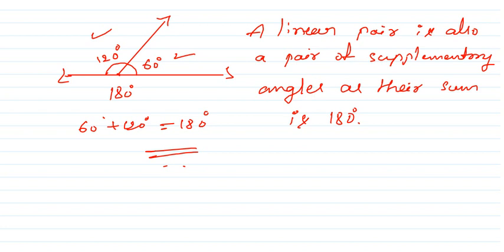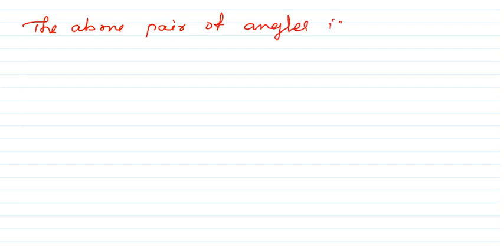And some conditions are there for the linear pair. I will write on the next page. See, the above pair of angles, in the sense, the last page, the figure that was there.